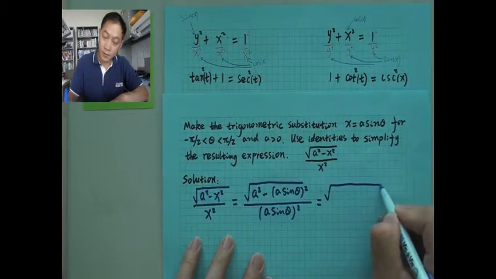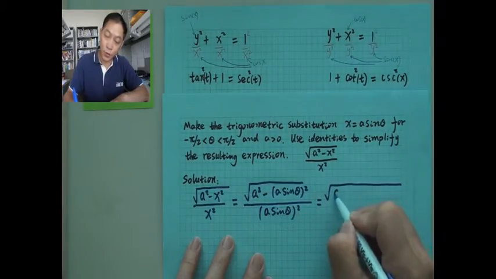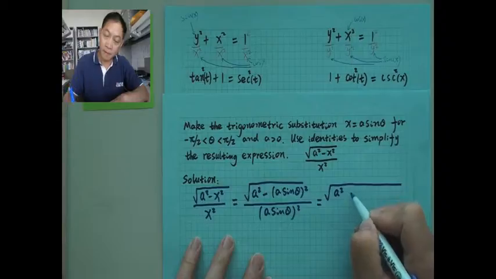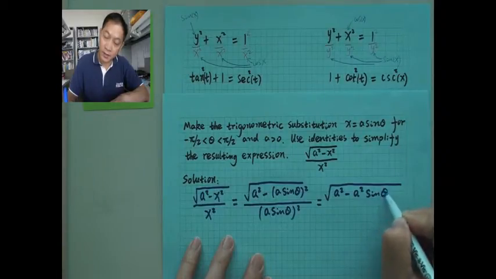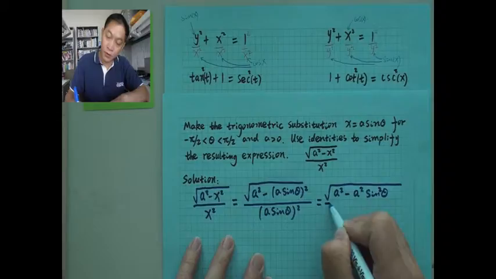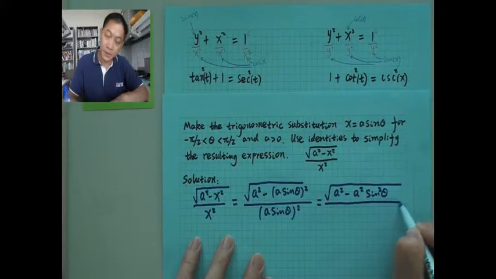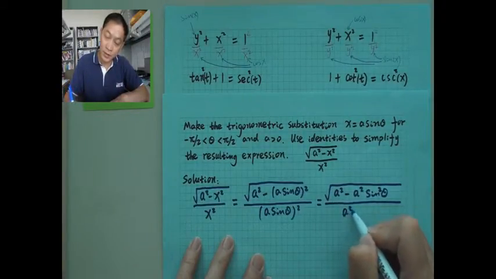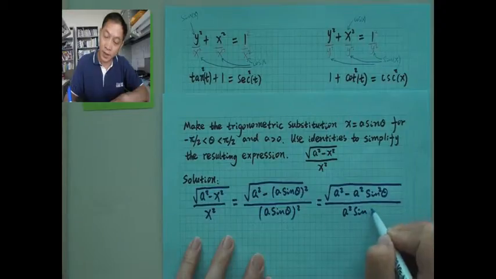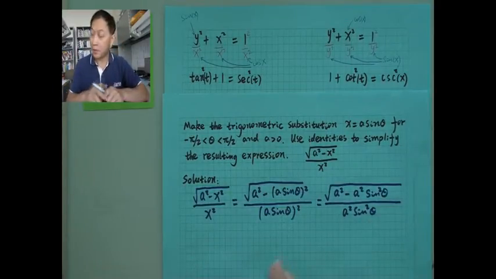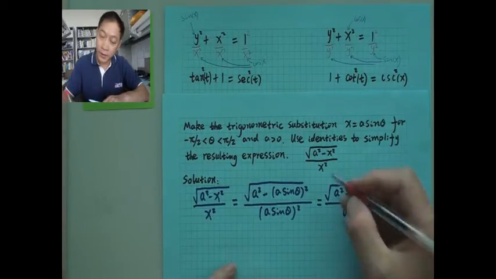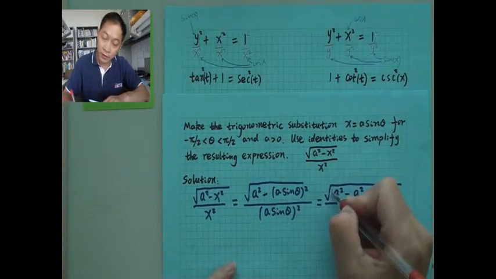Upstairs is a squared minus a squared sine theta squared, over a squared sine theta and then squared. Remember, there is a 1 in front of it.